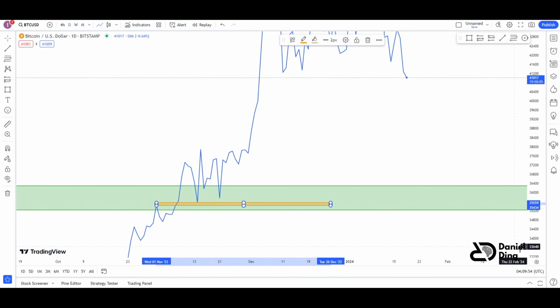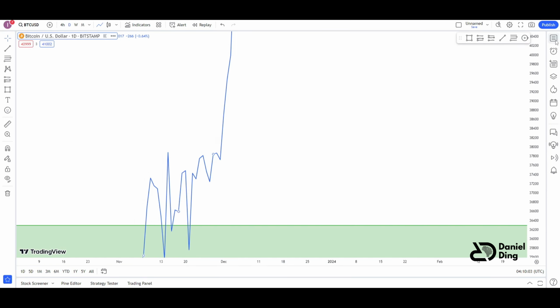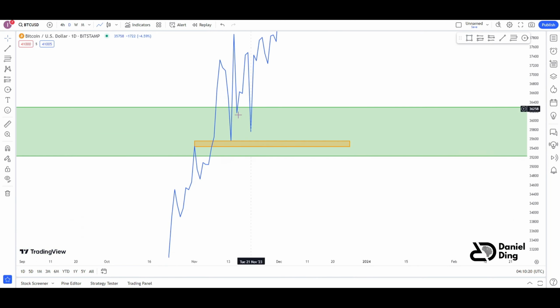Not this. We cannot use this A because this A has been broken. Yes, I know this is an A. Don't get confused, look for fresh A. This A has been broken, so please don't use it. This is a fresh A.